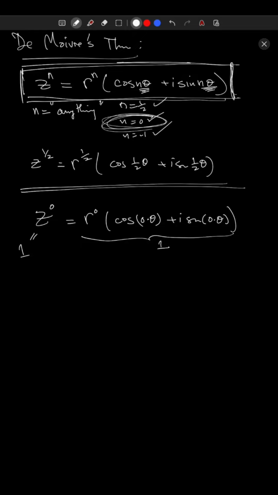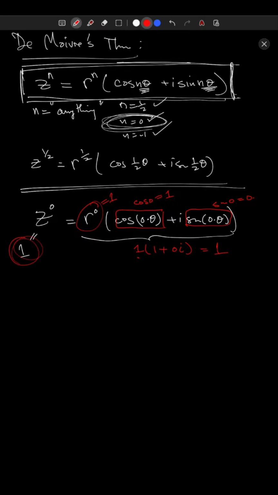So let's make a quick check that everything is consistent. r to the 0 is 1, because anything to the 0 is 1. Cosine of 0 times theta is cosine of 0, which is 1. Sine of 0 times theta is sine of 0, which is 0. So altogether, the right-hand side is 1 times 1 plus 0i, which is just 1, which is of course what you expect. So everything is consistent.